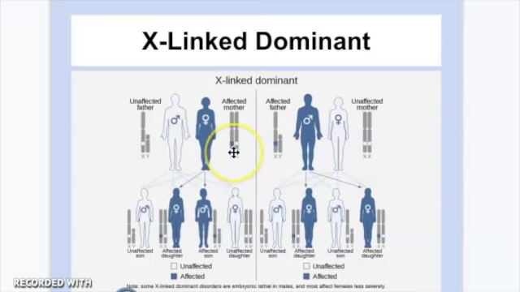You just need one copy of that dominant allele, and you will end up having the disorder. So let's look at the offspring. Mom passed on her affected allele to both her daughter and son here, and she also passed on her unaffected allele to a daughter and a son.